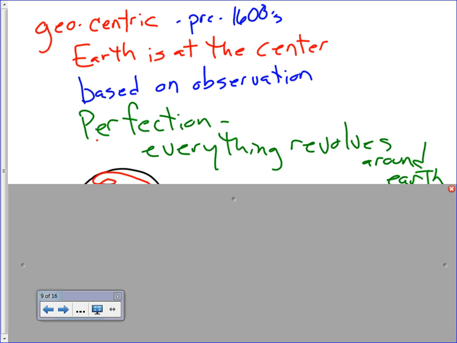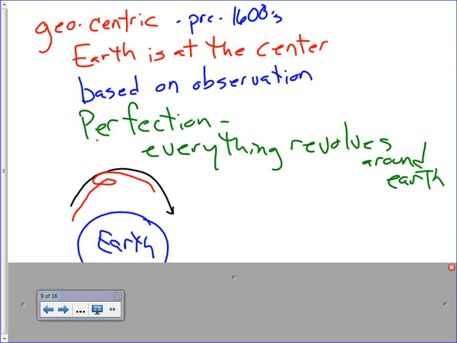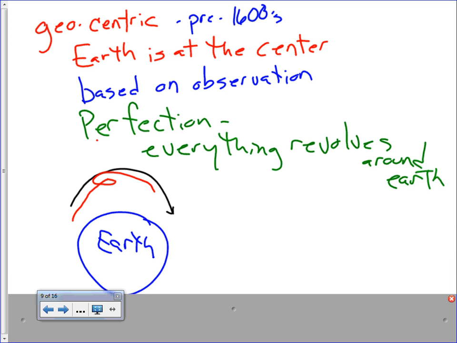Now, it turns out, of course, that when you start looking, especially beyond the Earth and the Moon, you start seeing some problems with this system. If you look at the planets, when you see them in the sky, you probably would just call them stars. So here we have the Earth, and of course, the Moon just rises and sets, the Sun rises and sets.